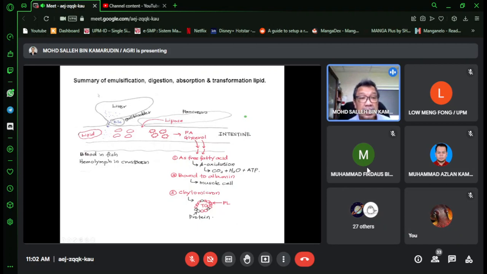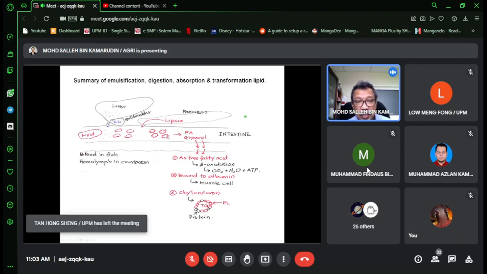Alright, tadi this summary how lipids, when they get ingested in the stomach, there will be bile from liver, then you got bile salt, which will emulsify the fat, and then the lipids, and also the esterase, they come and start to digest the triglyceride into free fatty acid plus cholesterol.